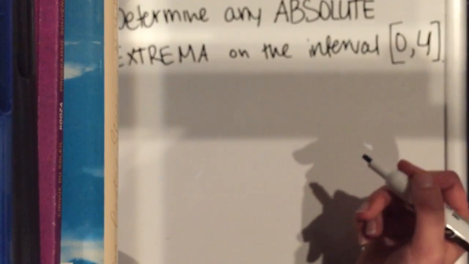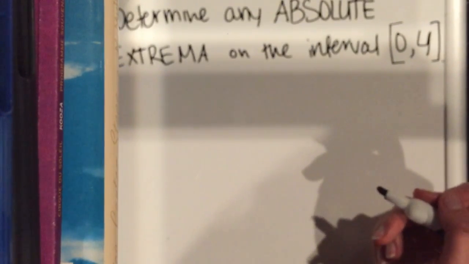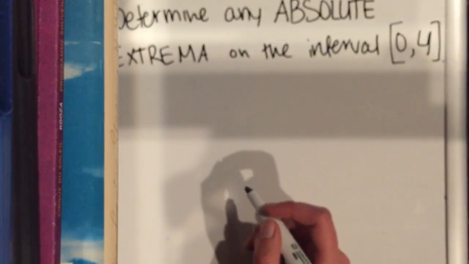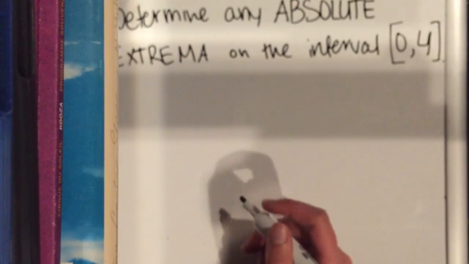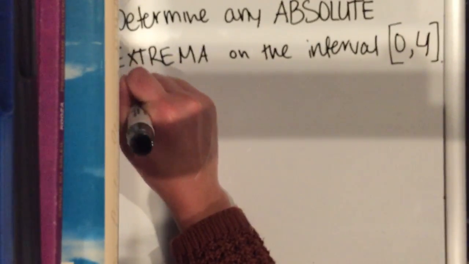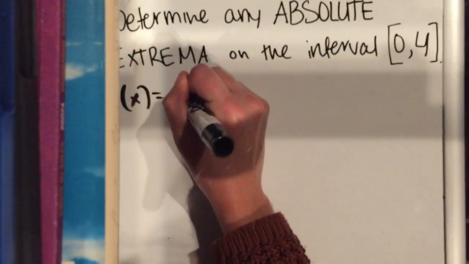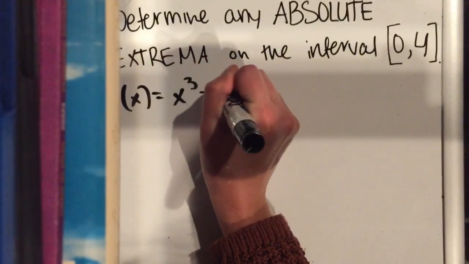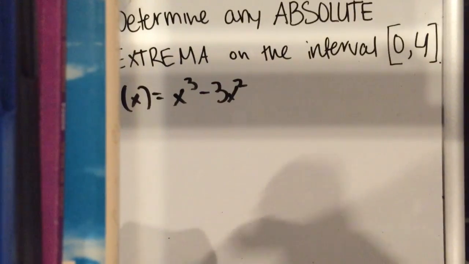Say we are given a problem like this. If we wanted to locate the absolute extrema on an interval, we would still get the derivative of the function. So say this is the function. And then the derivative.